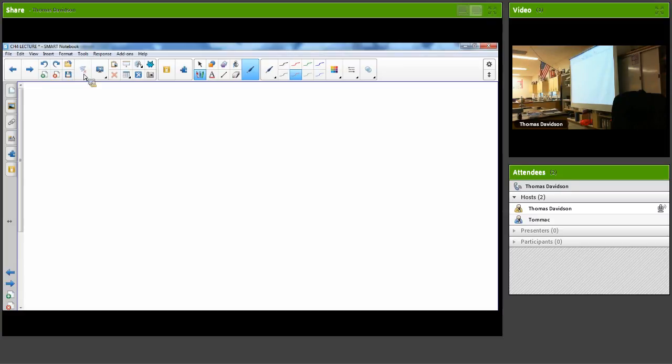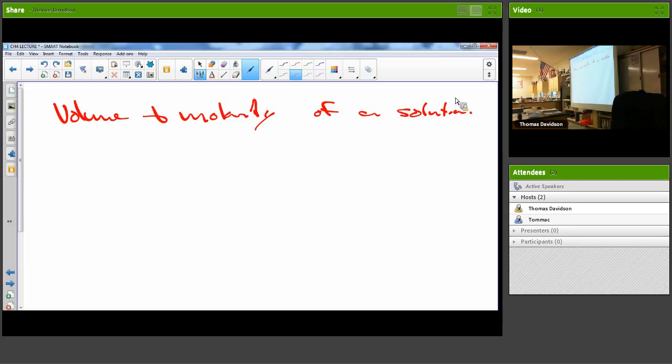But generally, it will tell you a volume and molarity of a solution. So for instance, it'll say you have 250 milliliters of 0.4 molar AgNO3.